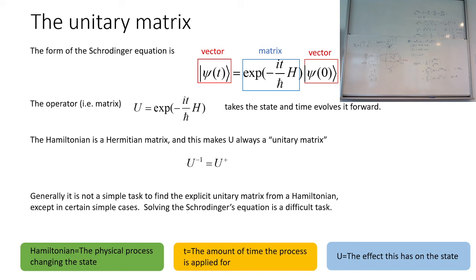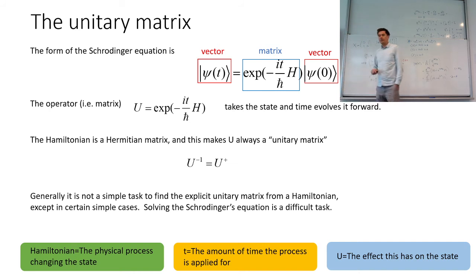Then this exponential of the Hamiltonian is some kind of matrix, and if you apply a matrix to a vector, you get a new vector. But this matrix has some special properties. It's not just any old matrix. It's always a unitary matrix.